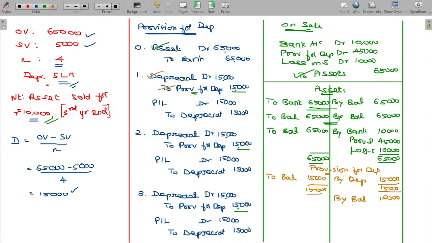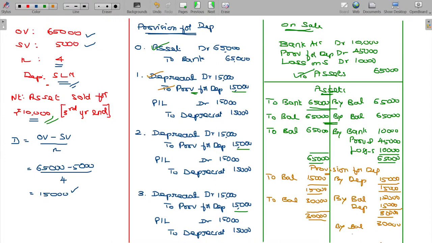And second year also again depreciation 15. By the end of second year, the provision for depreciation being 30 to balance. In the third year, by balance 30.